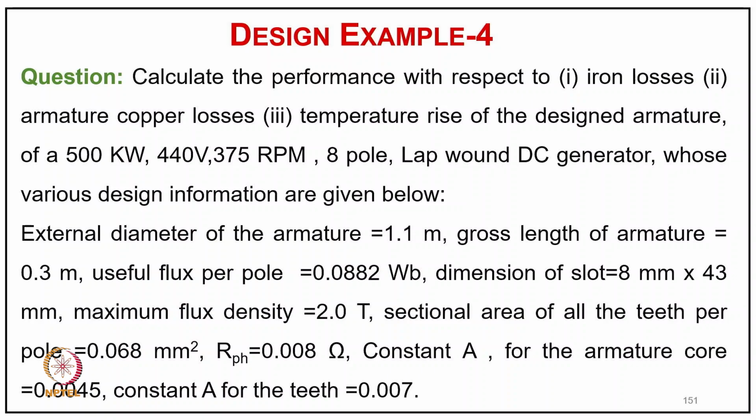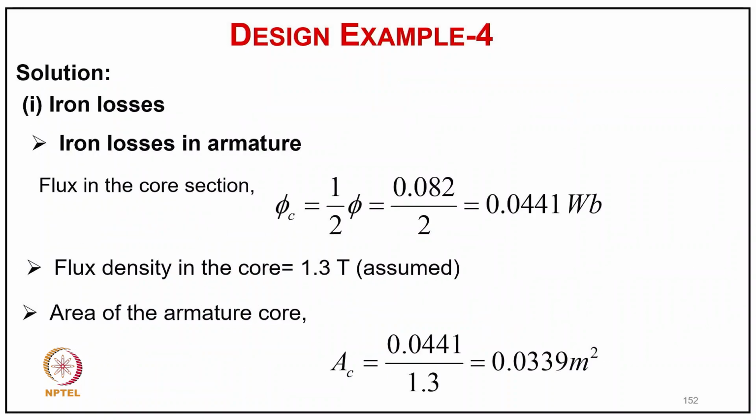External diameter of the armature is 1.1 meter, gross length of the armature is 0.3 meter, and useful flux per pole is 0.0882 Weber. The dimension of the slot is 8 mm by 43 mm, maximum flux density is 2 Tesla, sectional area of all the teeth per pole is 0.068 meter square, and RPH is 0.008 ohm. Constant A for the armature core is 0.0045, and constant A for the teeth is 0.007.